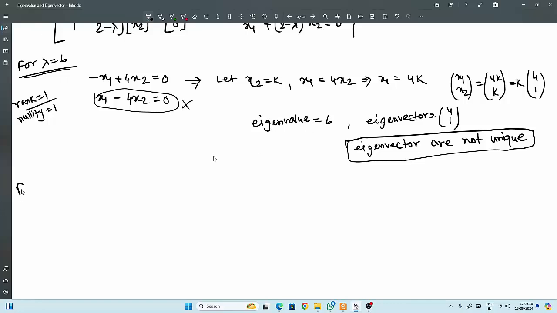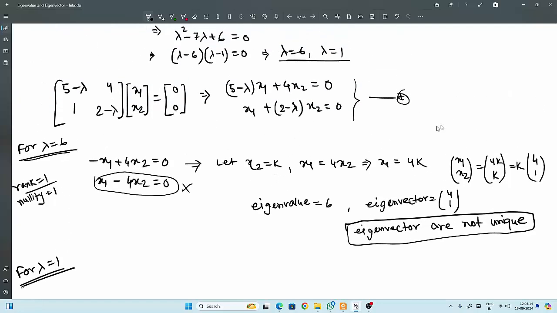Now similarly, for lambda is equal to 1 you have to do the same thing. Put lambda is equal to 1 in that system of equations. What are you getting? You get 4x1 plus 4x2 is equal to 0, and for the second equation, 2 minus 1 is 1, so x1 plus x2 is equal to 0.